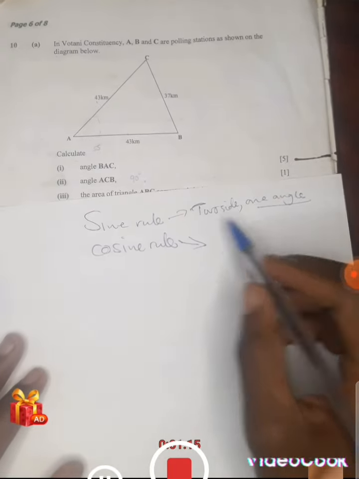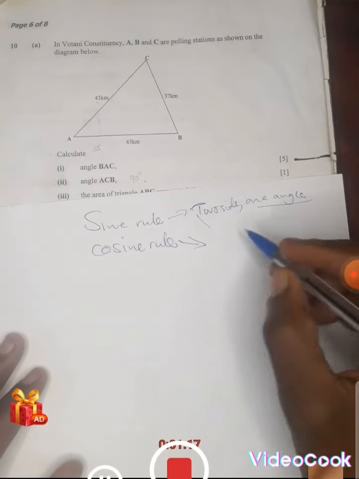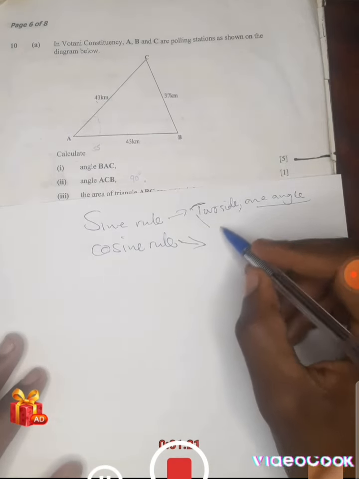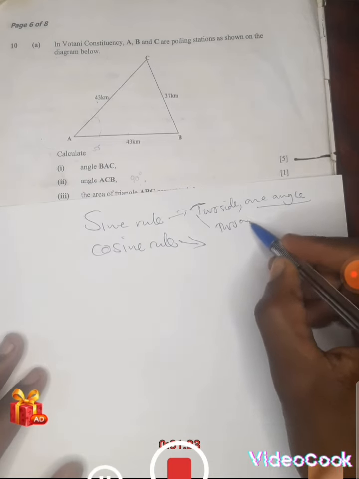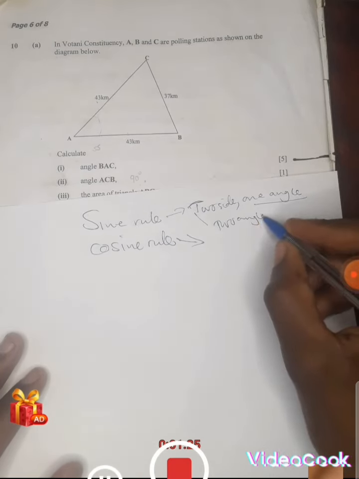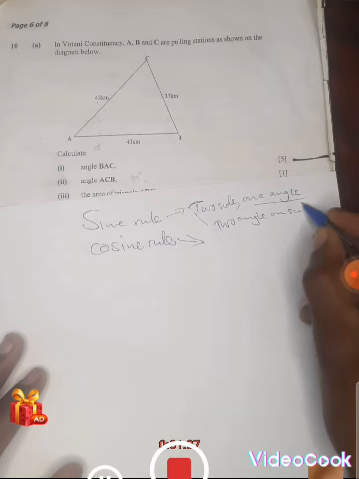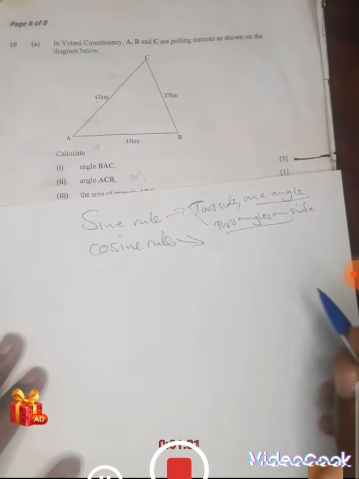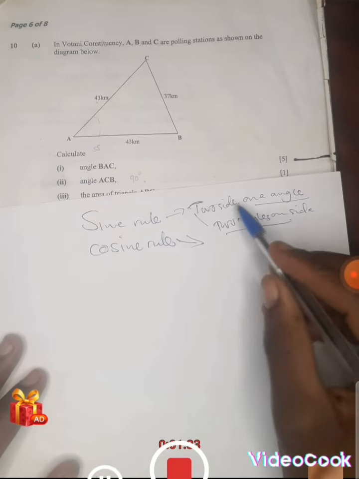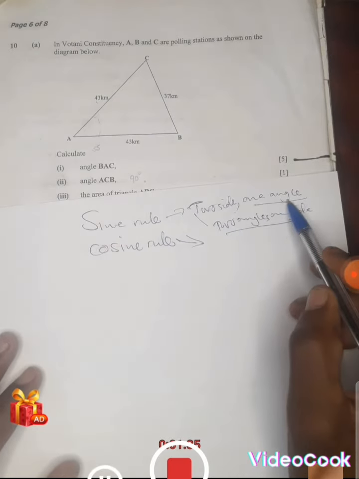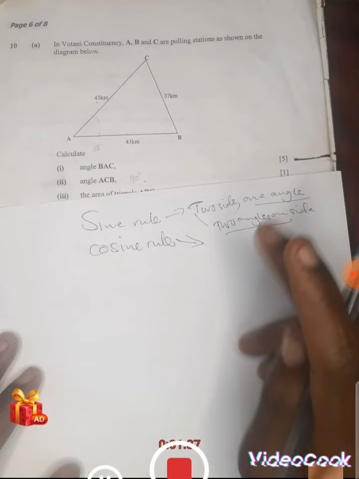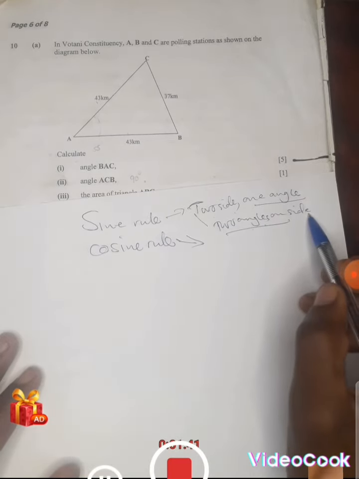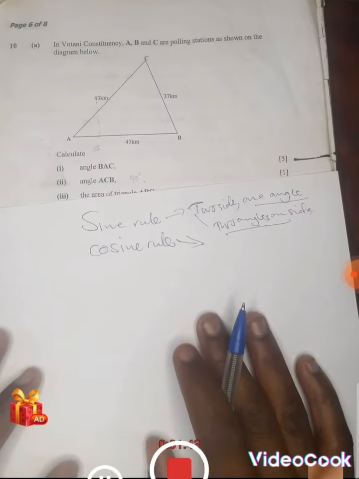Apart from that, we use sine law when I've been given two angles and one side, any side in this case. So when I've been given either two sides and one angle which is opposite to one of the sides, or two angles with any side, we use the sine rule.